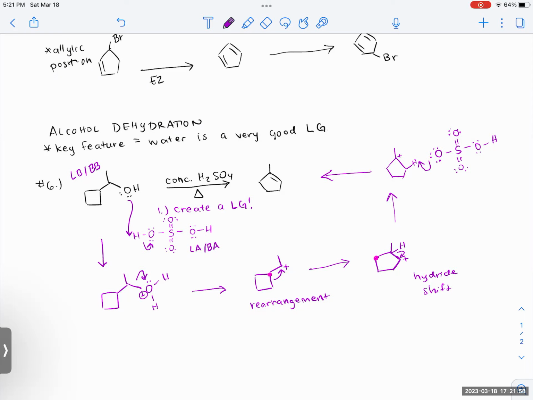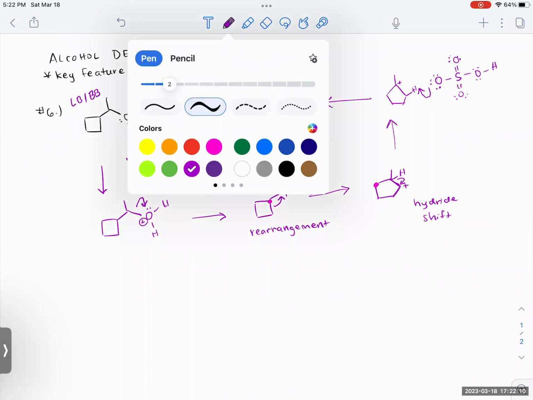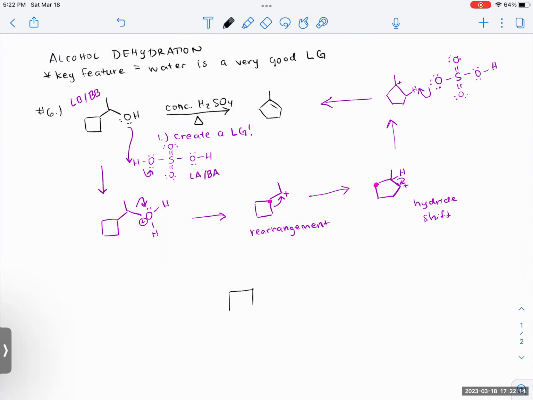Yes, okay. So let's see. I'm going to draw this in black, because I think keeping track of the carbons is also very tricky with this. So this one's going to be purple.